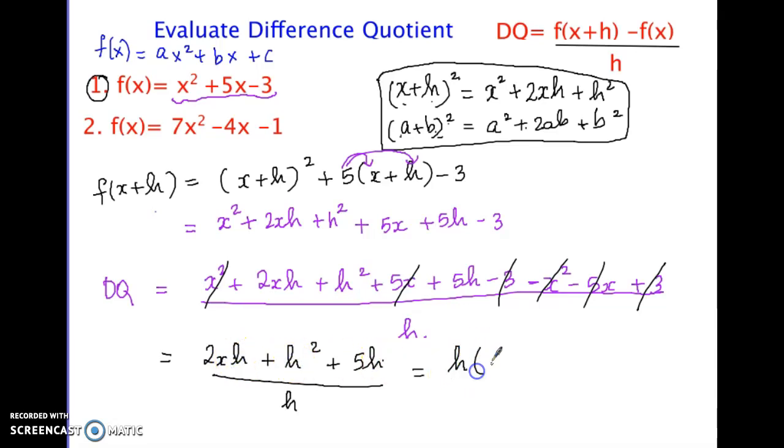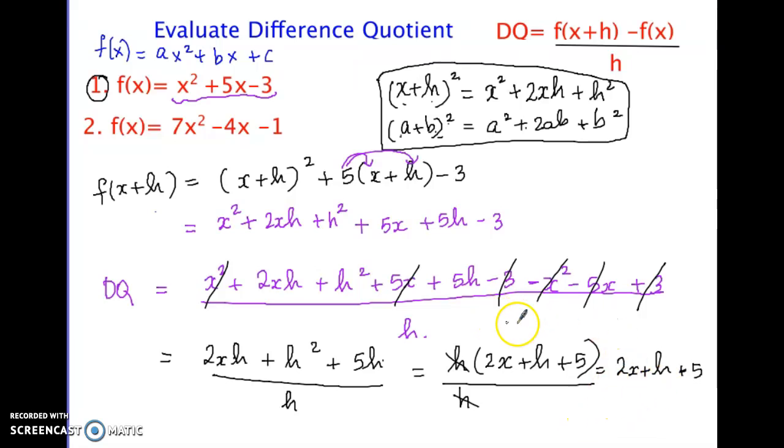So I can factor out the h and I can just write 2x plus h plus 5 divided by h. Both h cancels, and my final answer is 2x plus h plus 5. That's my final answer for the first question.